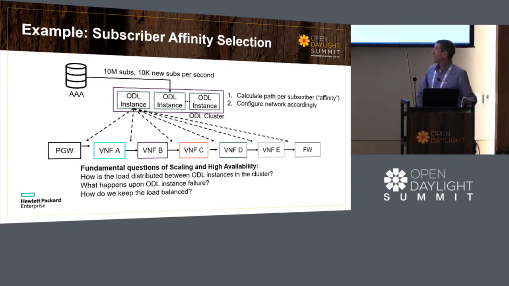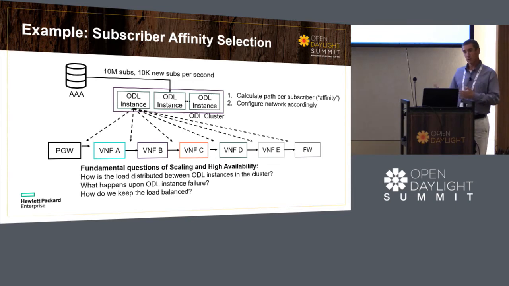And if we want to build a highly available and scalable system, we don't want to rely on a single controller instance to do that work. So what we would like to do is to split the job, to split this role of deciding on, in this case, subscriber affinity into segments, and have multiple controller instances, each responsible for some segment of that problem.